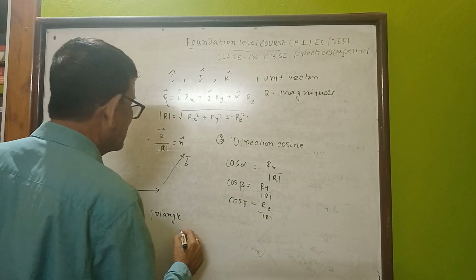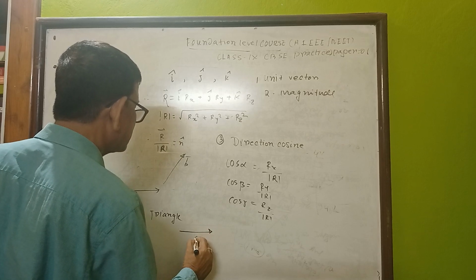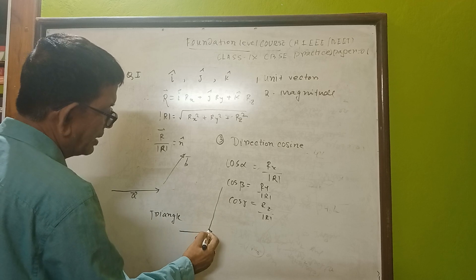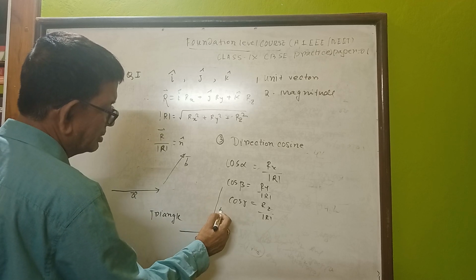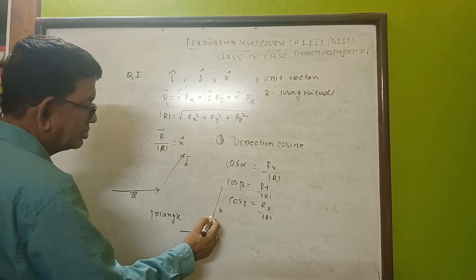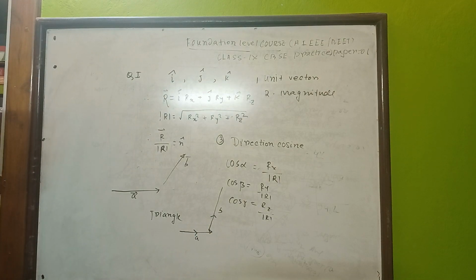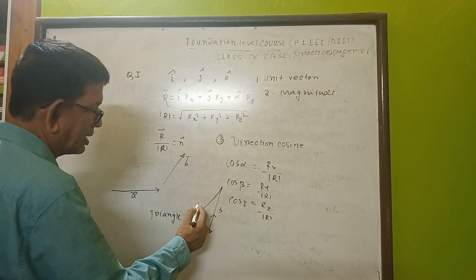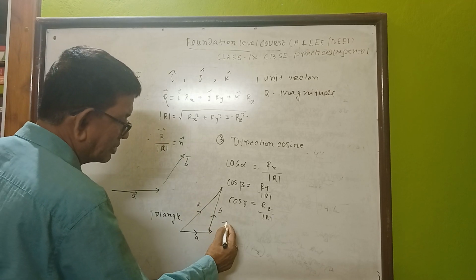So first you write down A, you parallelly shift and you add with the head and tail B. If these 2 vectors represent 2 sides of a triangle, then you complete the triangle and take reverse order. You complete the triangle R. So R vector equals A plus B.